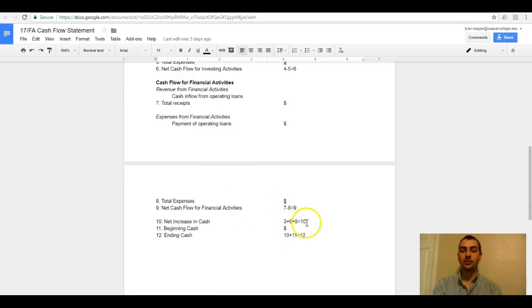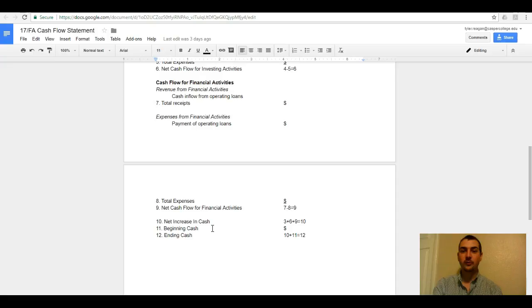You'll add up all three of those to find the net increase in cash. Now, net increase in cash may be positive or negative depending on the year or the business. So we're going to assume it's positive for right now. Then you'll take your beginning cash, basically whatever you had in your checking account at the beginning, and that goes right there. And then your ending cash is this increase in cash plus beginning cash.